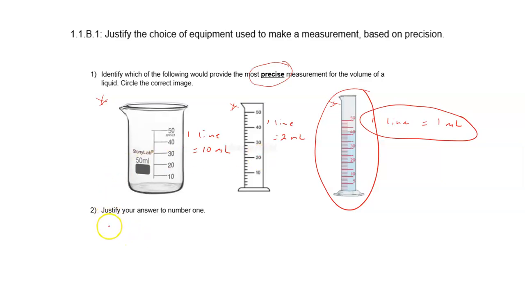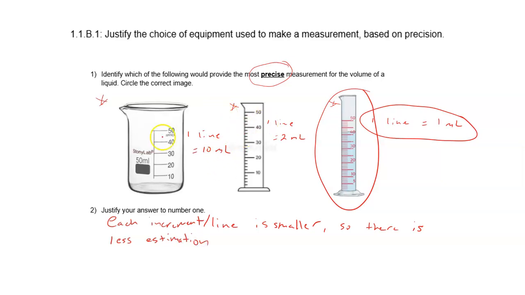Now, our justification: there were lots of ways to work this, but something along the lines of each increment or line is smaller, so there is less estimation.